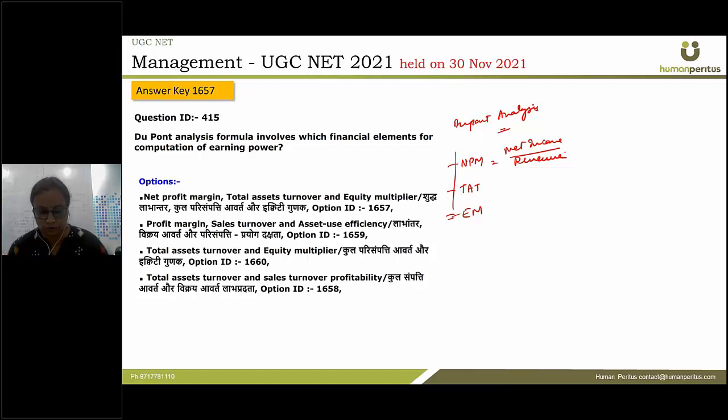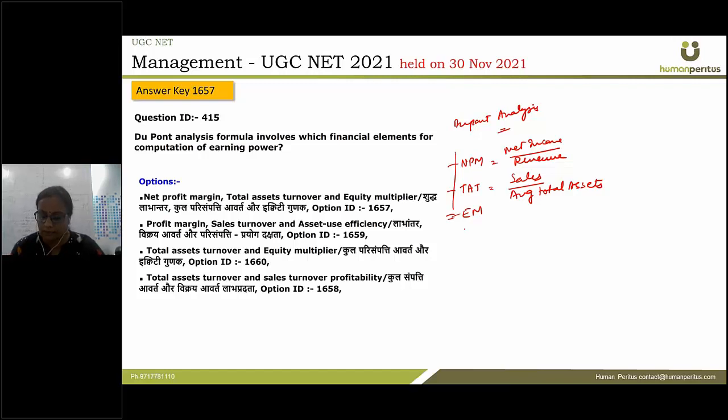Now coming to the asset turnover ratio, what is the formula to calculate this? Sales upon average total assets of the firm. So basically this ratio indicates how efficiently the firm is able to use its assets to generate revenue.